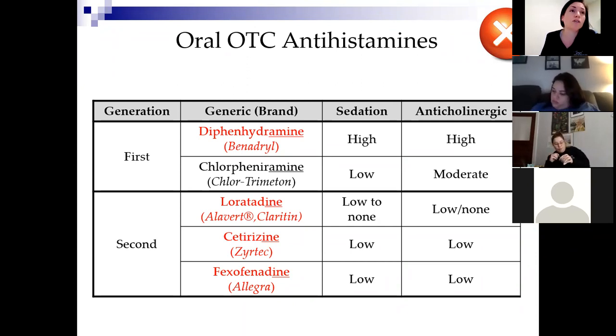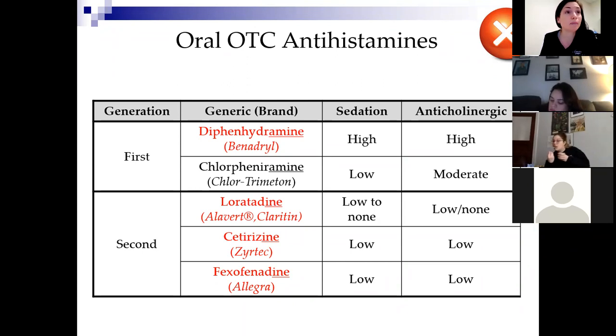Benadryl is also used for other things, and one of them sometimes is to make you sleepy and sleep. Tylenol PM basically has diphenhydramine in it. So it has a lot of side effects that aren't particularly desirable, and some of the side effects they use to actually accomplish something.